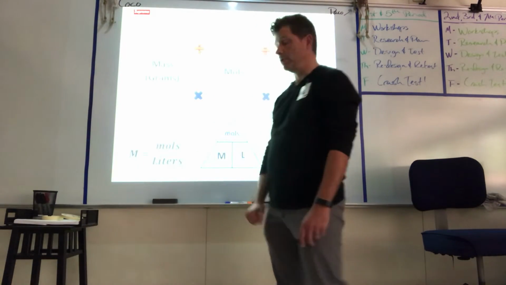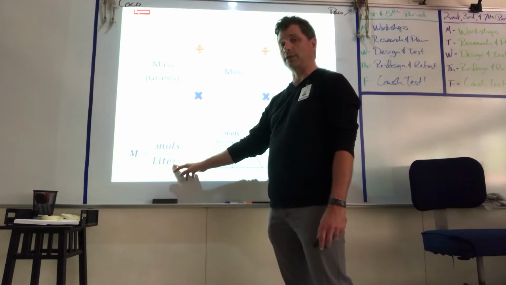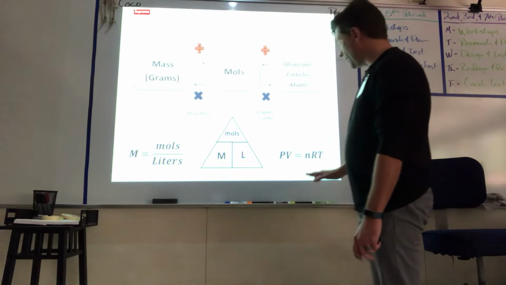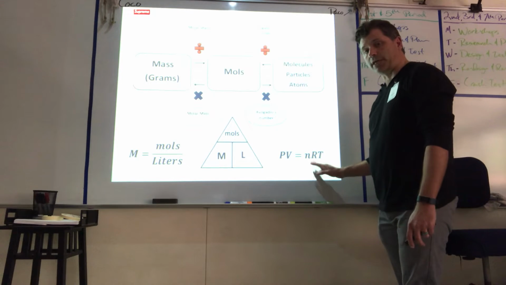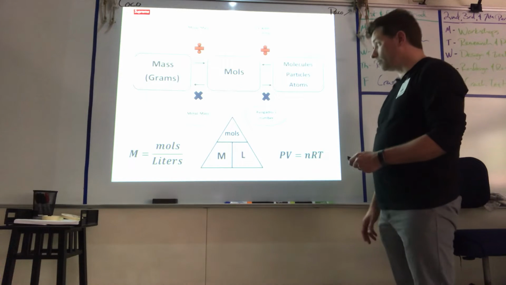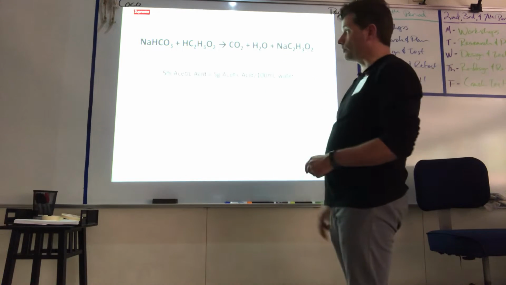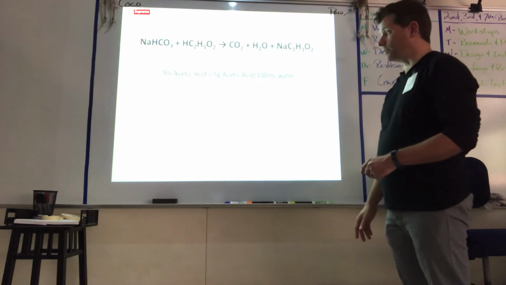Yesterday, I gave you the molarity calculations, as far as you just had to do the calculation. And then I also gave you PV = nRT, the beginnings of it. You see that we have this formula. It's a balanced reaction, 5% acetic acid.